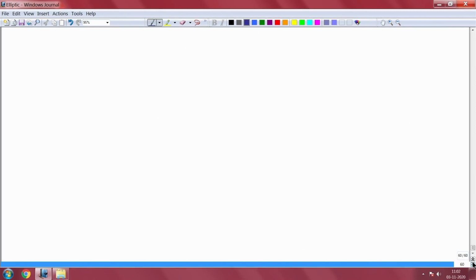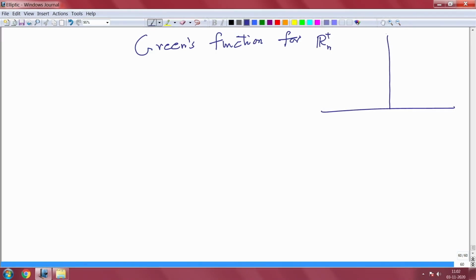So, we will introduce the Green's function for R n plus. R n plus, in 2 dimensions, you can precisely draw it. This open set is your R n plus, and this is the boundary of R n plus. Keep all this in mind.